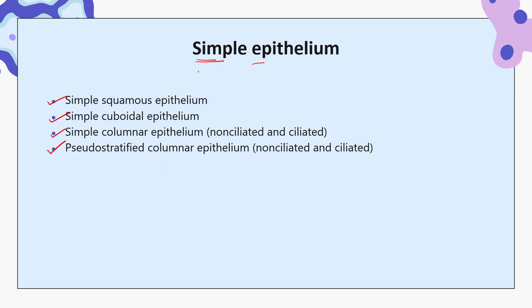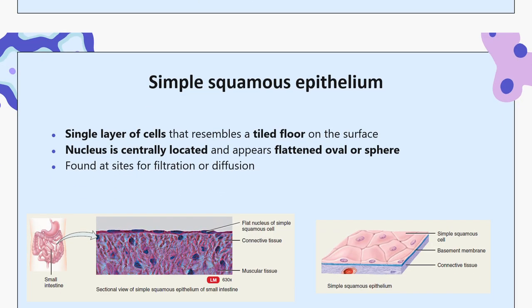Simple columnar epithelial tissue is further divided into non-ciliated and ciliated, according to the presence or absence of cilia. Then pseudostratified columnar epithelial tissue is also classified into non-ciliated and ciliated.